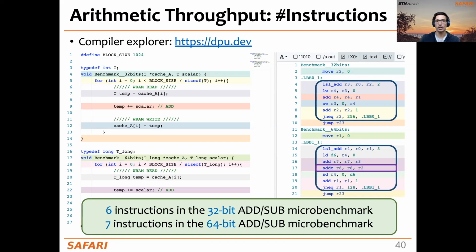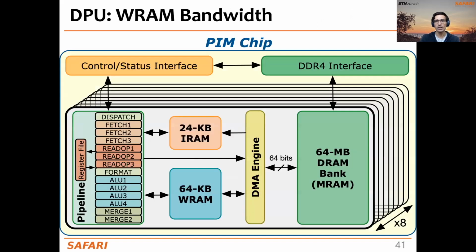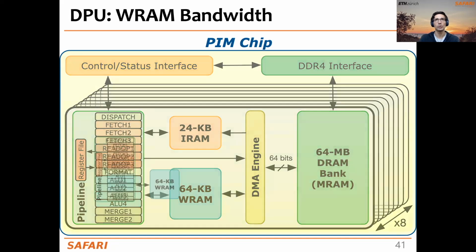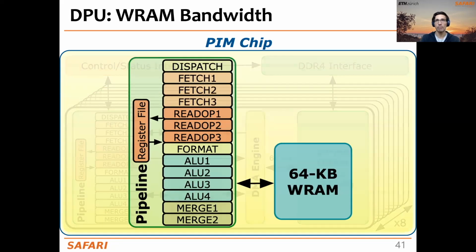I will show you in later lectures more about this micro benchmark and other micro benchmarks that we developed to understand the internals of the UPMEM PIM architecture. And this understanding covers the different parts of the DPU, from the WRAM bandwidth, how the DPU pipeline accesses this WRAM, this scratchpad memory for temporary operands.